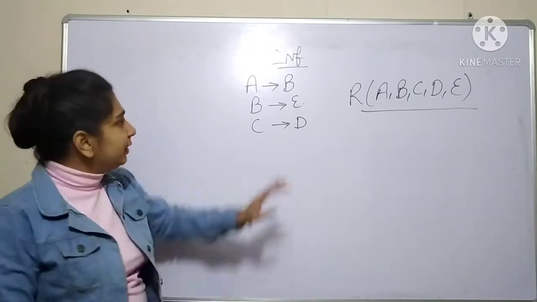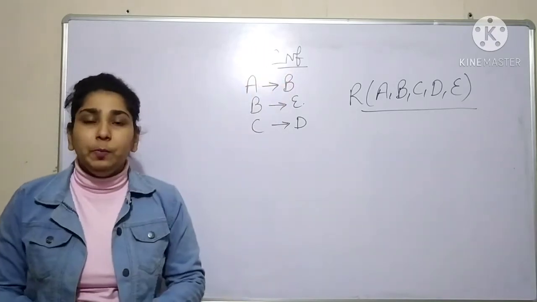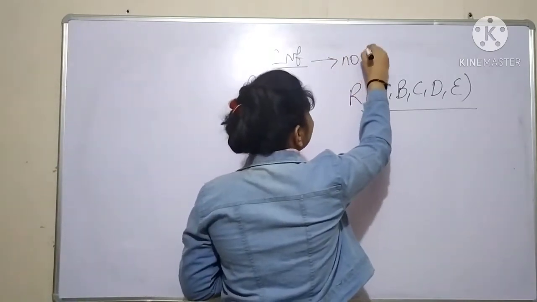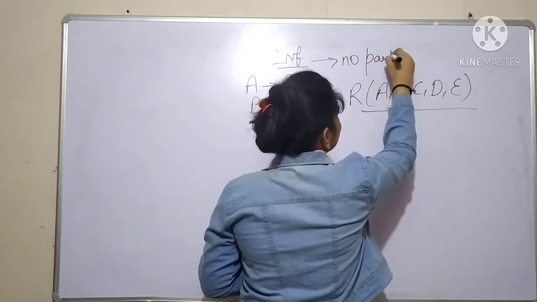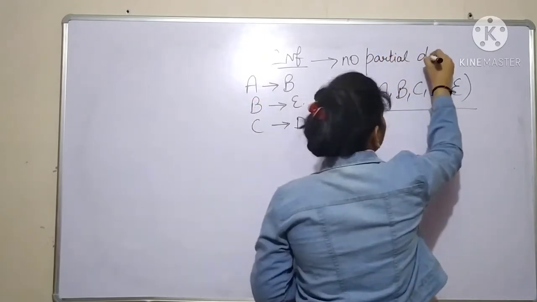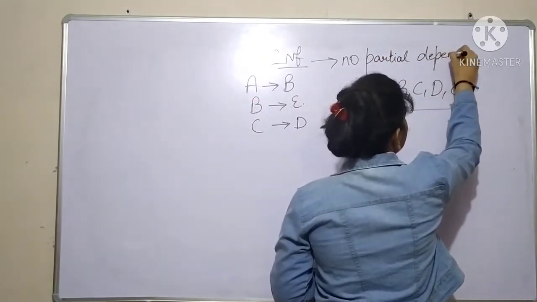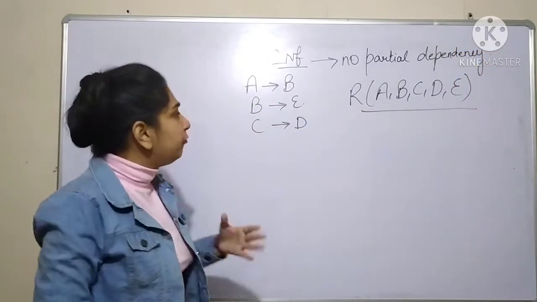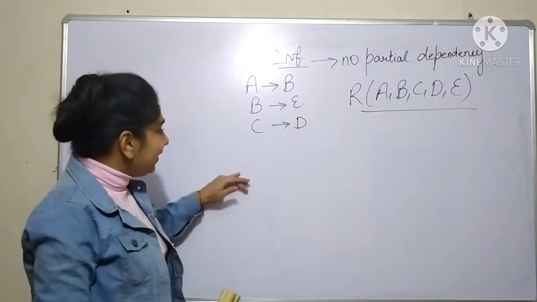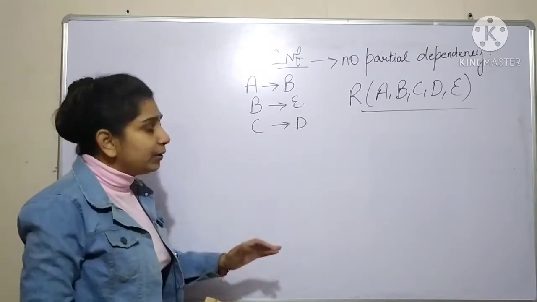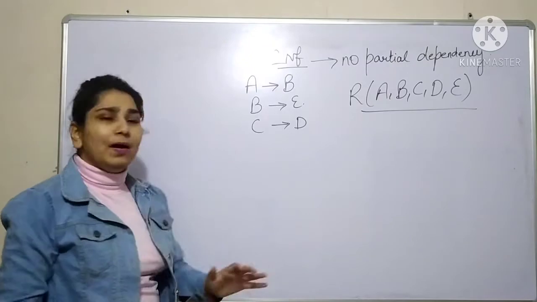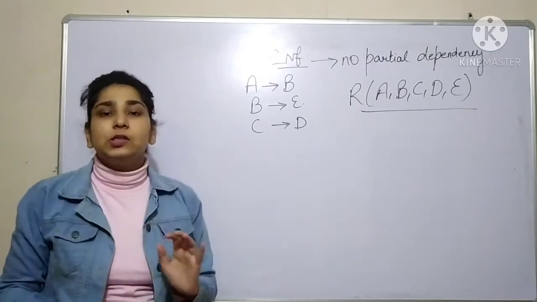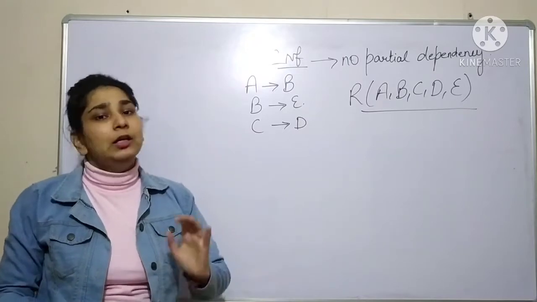Your relation would be in the second normal form when there is no partial dependency. If a part of your candidate key is determining a non-key attribute, then it means that the relation is not in the second normal form.